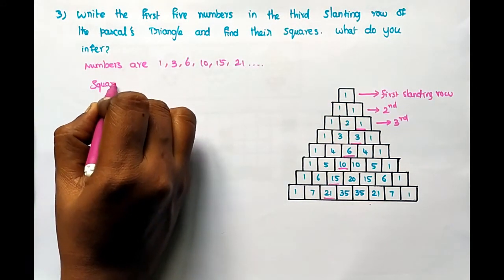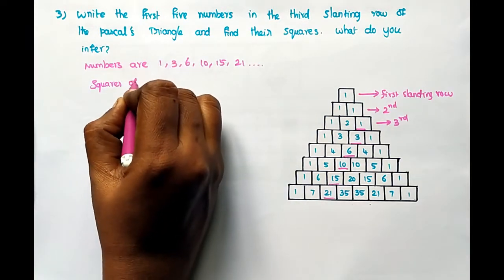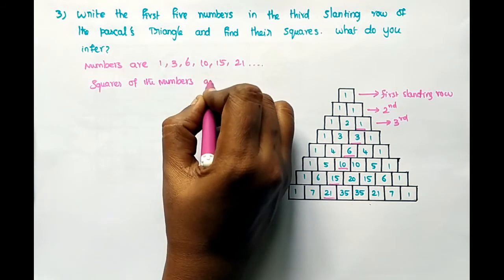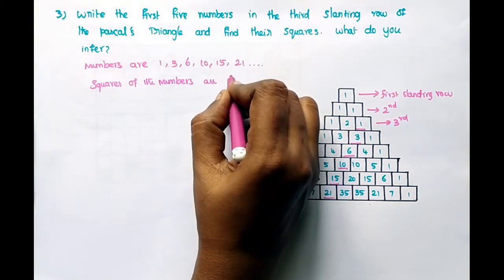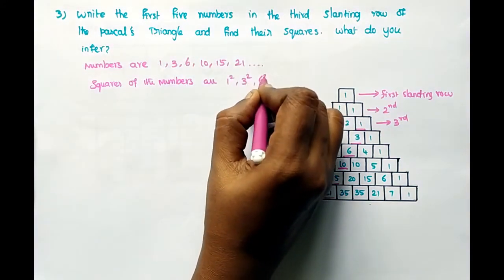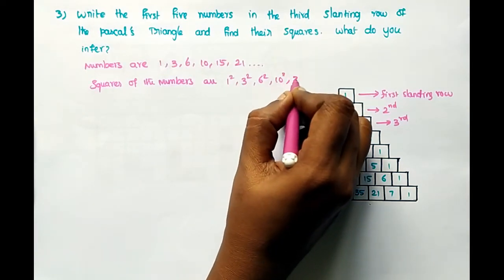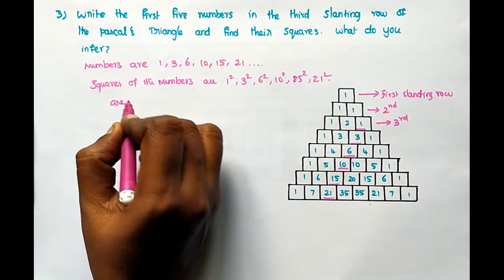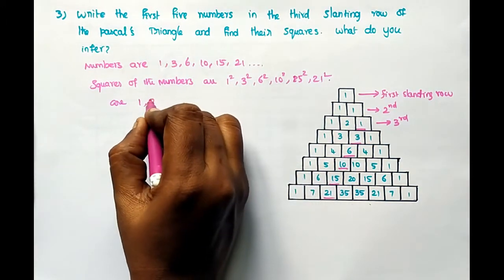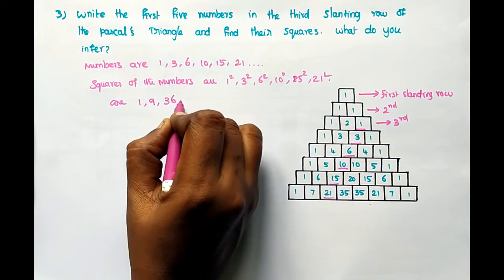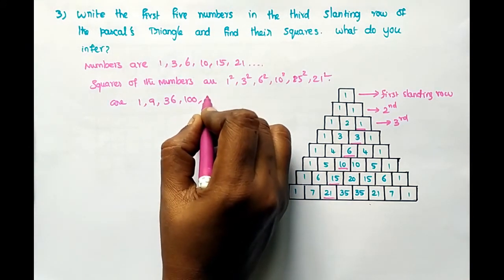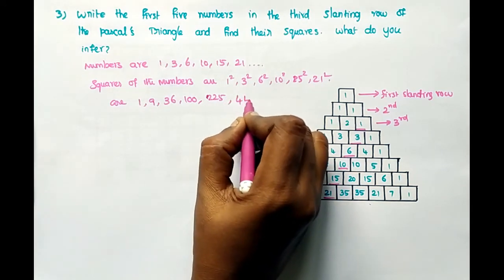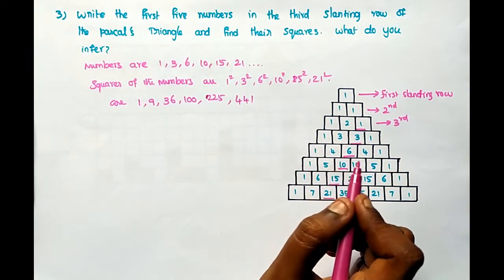Here, squares of the numbers. Squares of the numbers are 1 square, 3 square, 6 square, 10 square, 15 square, 21 square, or 1, 3 square means 9, 36, 100, 15 square, that is 225, 441.